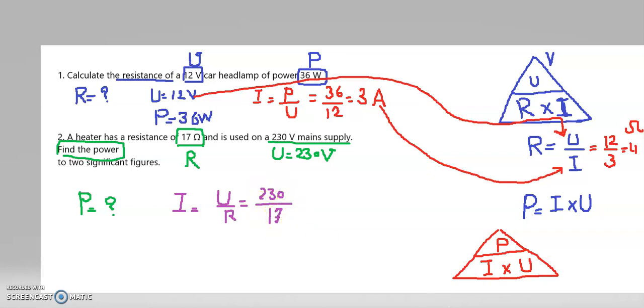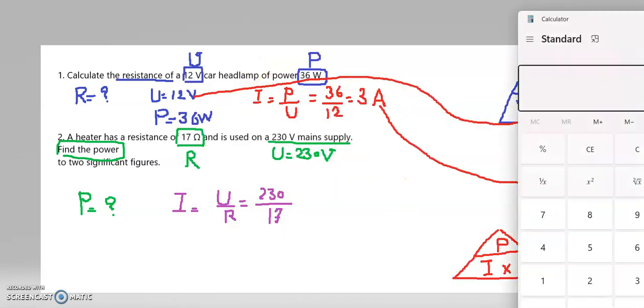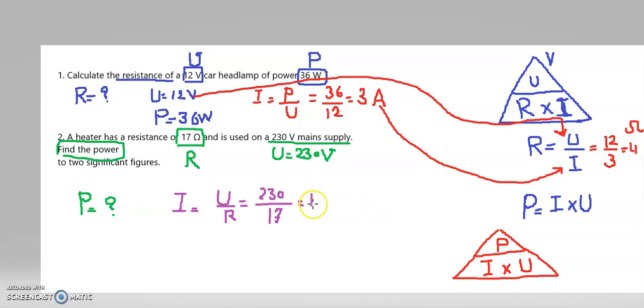So let me get a calculator. 230 divided by 17 is 13 point, and the unit is amps.